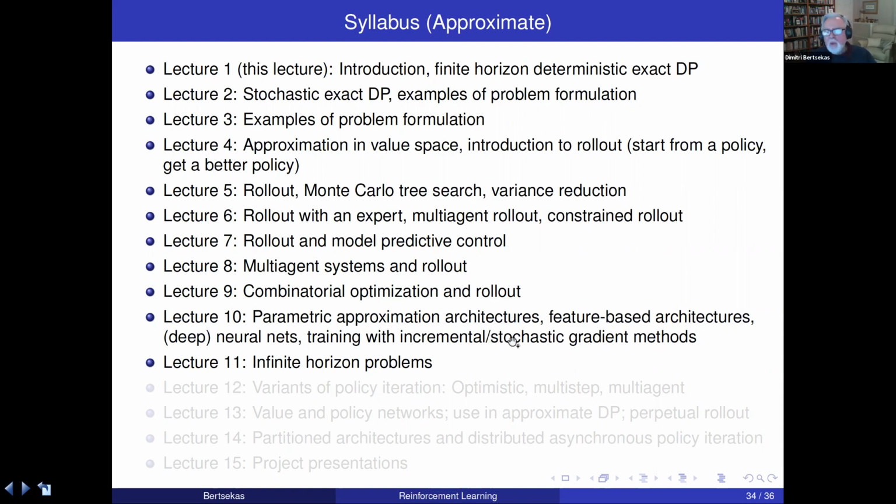However, we will see that a lot of the algorithmic concepts that we're going to develop for finite horizon problems also apply to infinite horizon problems. Still, we're going to spend some time looking at them in some detail and somewhat more rigorously.